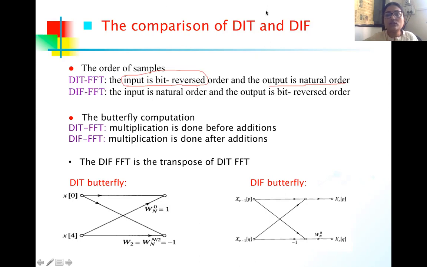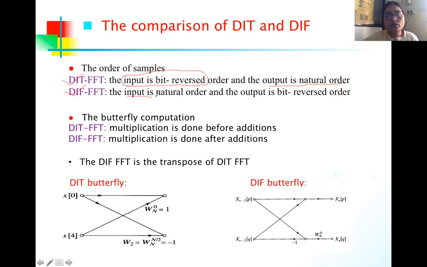In the DIT algorithm, the input is in the bit-reversed manner, whereas the output is in the natural order. Now about the DIF algorithm: what we have observed is that the input is in the natural, sequential order, whereas the output is in the bit-reversed manner.